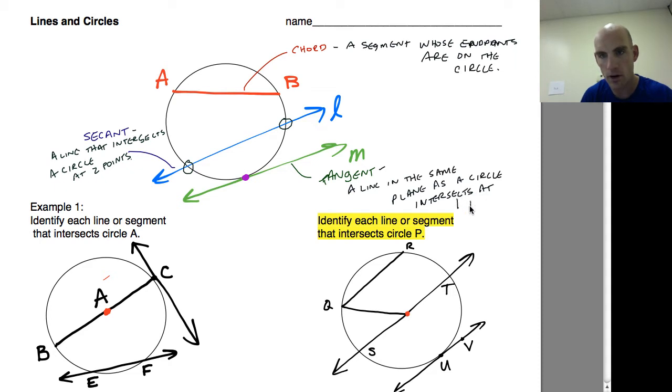It intersects at 1 point. Okay? And that point, which is right here, is called the point of tangency. The point of tangency is where that circle and that line touch at exactly that 1 point.